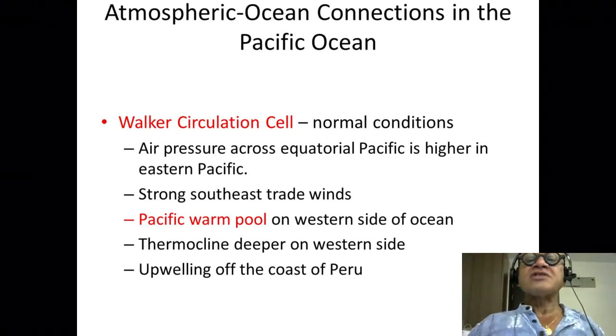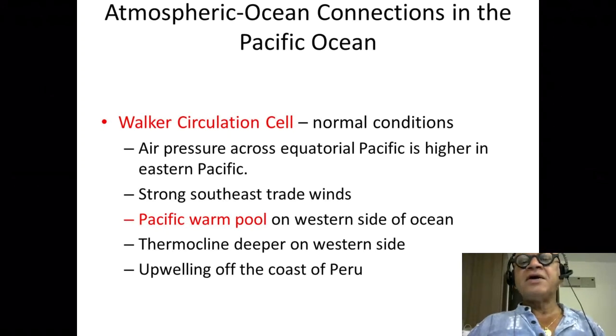So what is Walker cell and who is Walker? Sir Gilbert Walker was an officer in the East India government placed in India, was a bit of a mathematician, a meteorologist, and he got concerned by the famines over India, and he had been exploring sea level pressures and so on everywhere already.